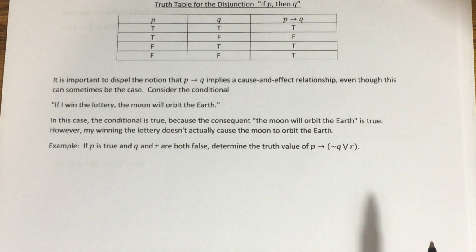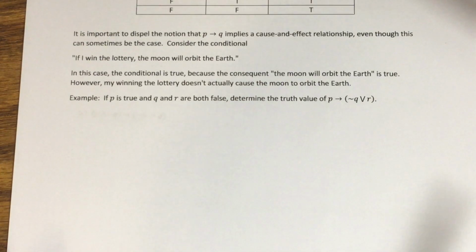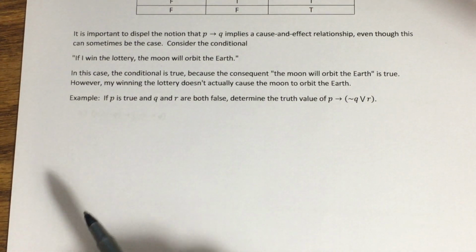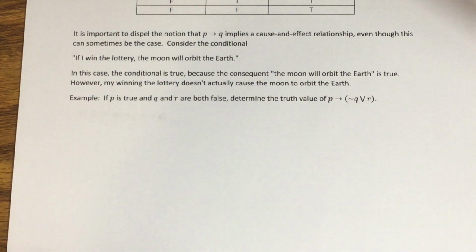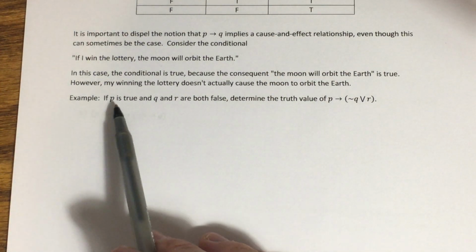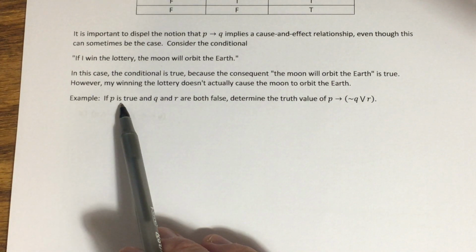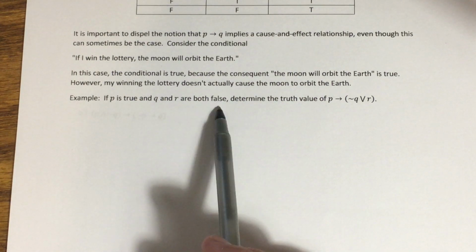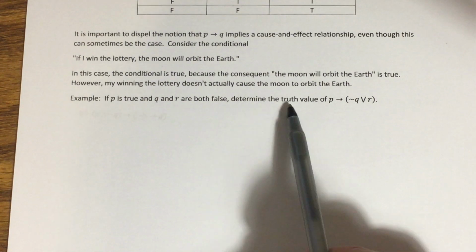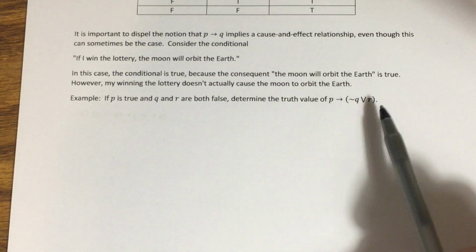Okay? So let's do an actual example here, working with truth values. We'll do the truth tables on the next page. So here we're going to assume that P is true and that Q and R are both false. And then we want to determine the truth value of this compound statement.